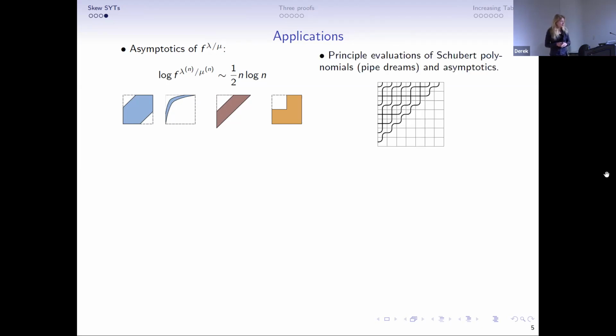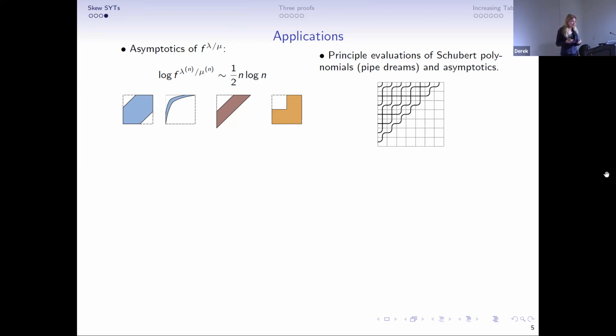This is a little bit of a stretch of what exactly the connection is, but there are some special types of Schubert polynomials which come from algebraic geometry, but one can also think of them as configurations of this type, like statistical mechanics objects. We want to count how many there are asymptotically.